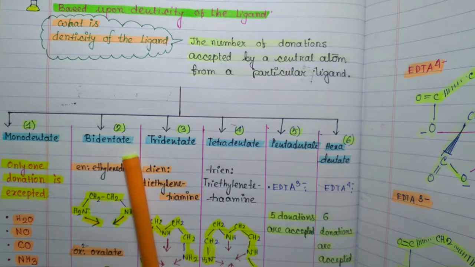For bidentate ligand, bi means two. So for bidentate ligands, two donations are accepted.